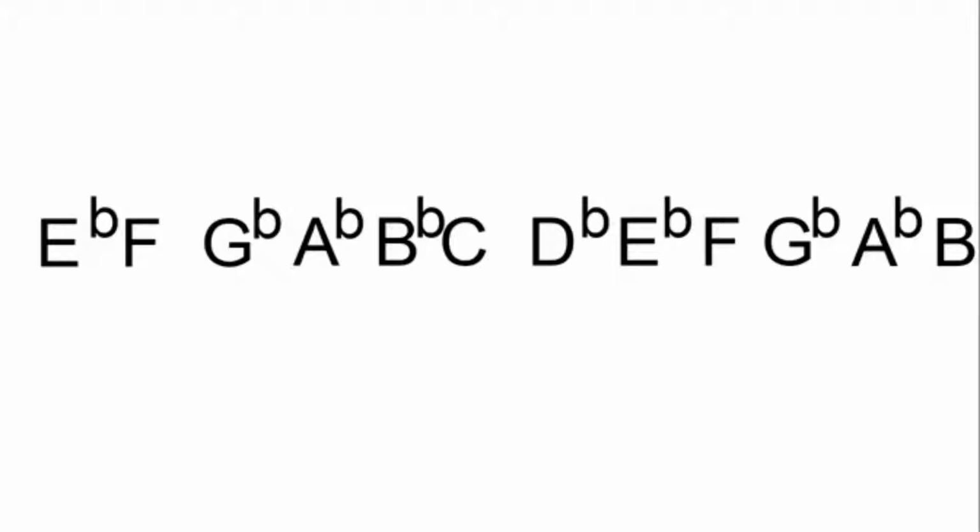So, that seems simple, right? Yeah, it is. But then there's always an exception. Between the notes B and C and E and F, it's only a half step, not a whole step.